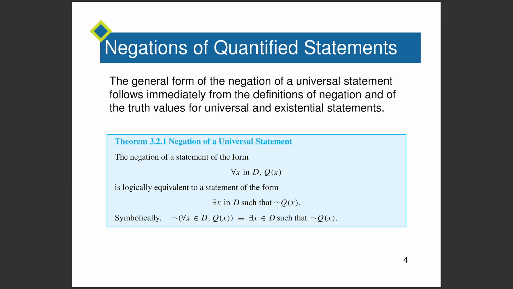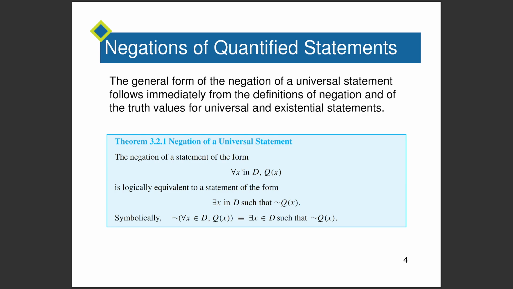So if I'm speaking about all in a set here, the negation of a statement of the form for all x inside D, comma, q of x, and we spoke already in 3.1 what q of x represents, is logically equivalent to a statement of the form there exists x inside D. So in the first part, we are speaking about all of the x's, every single one.